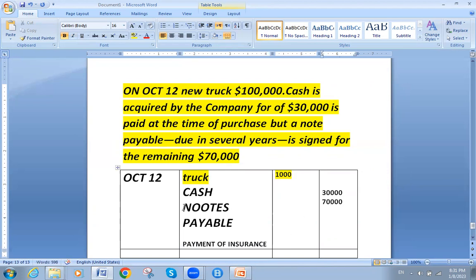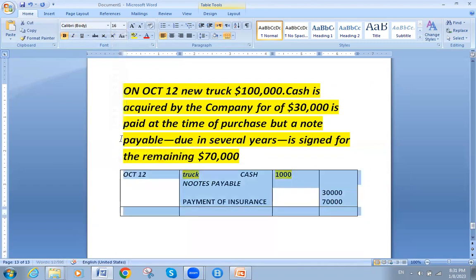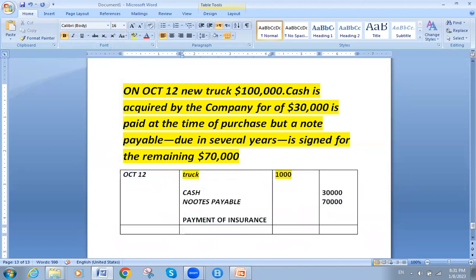Just one second, I'll fix it because I know it's not adjusted, some lines are up and some lines are down. So this must go down like this, and at the same time it must go a little bit to the right. Notes payable here also as well.